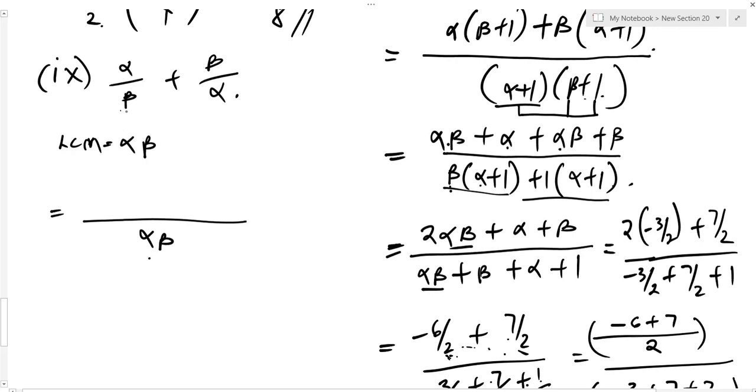So if you divide the LCM by beta, you have alpha. So alpha times alpha will give you alpha square. Alpha divided by the LCM, you have beta. Beta times beta will give you plus beta square.